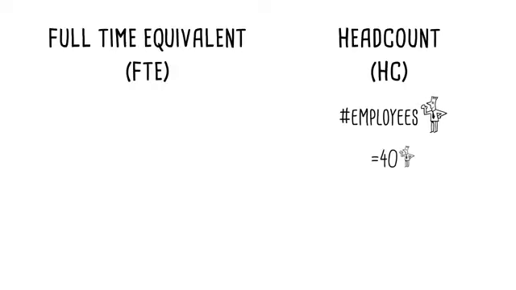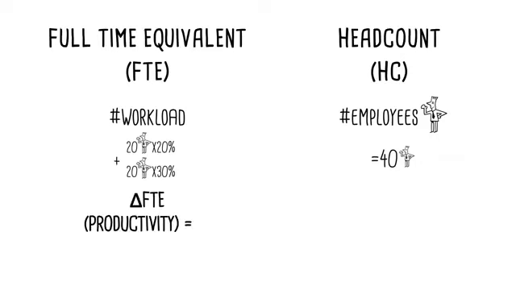Full-time equivalent is a metric for productivity. For example, if the average productivity for 20 employees is 20% and 30% for 20 other employees, the full-time equivalent amounts to 10. However, cost reduction is generated by a variation of headcounts. In this specific case, it is maybe less than 10.